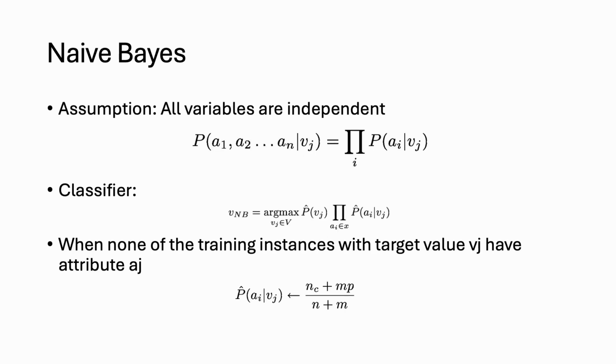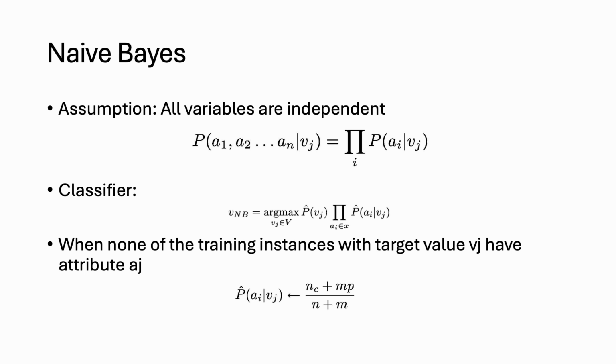So naive Bayes makes the assumption that all variables are independent, which means the joint probability of A1 to An given Vj will equal the product of P of Ai given Vj. Then the function for the classifier turns out to be the maximum of the estimated probability of Vj multiplied by the product of the probability of Ai given Vj.